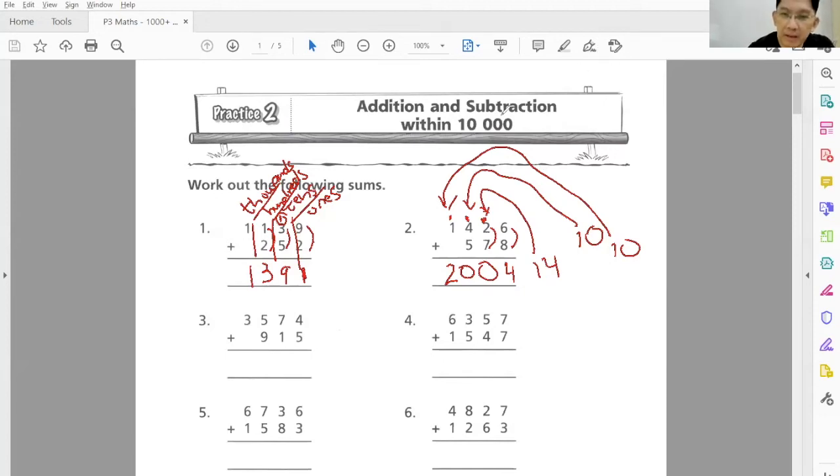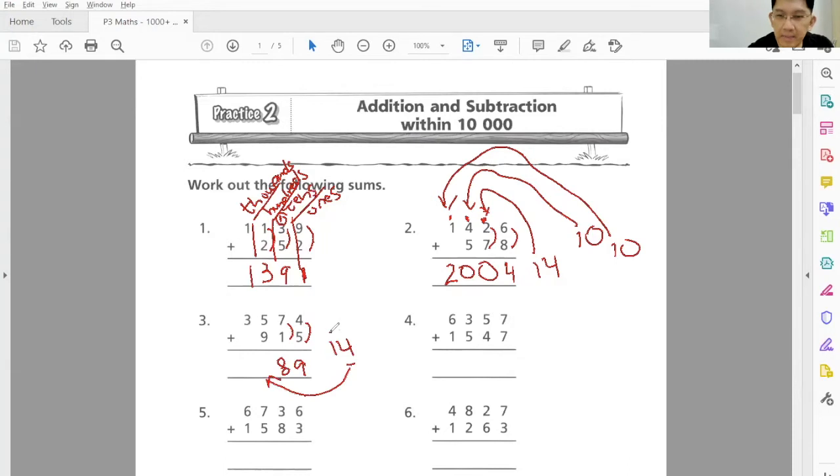Number 3, we'll start from the right-hand side. 4 plus 5. 4 plus 5 is 9. Okay. 7 plus 1 is 8. 5 plus 9 is 14. Okay, remember, we have 14. That number goes here.